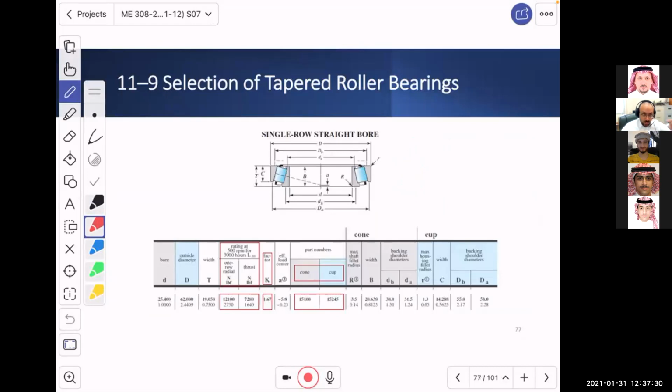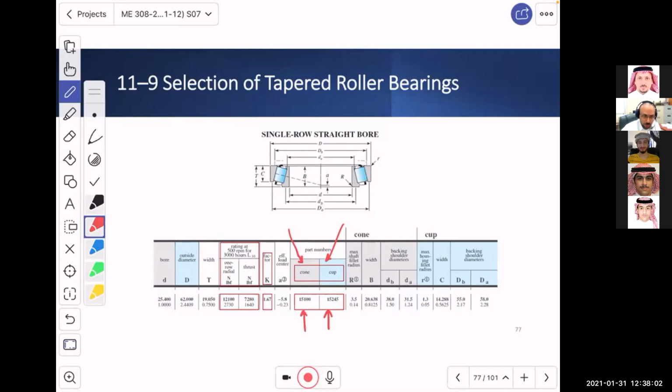So this is the catalog, if you look at it in your book. And what are you going to see? You are going to see, honestly, maybe did I make a mistake over here? No, I think this is it. So if you look, this is the cone, this is the cup. And these numbers will identify what is the cup, what is the cone. So this is like the ID of the bearing.